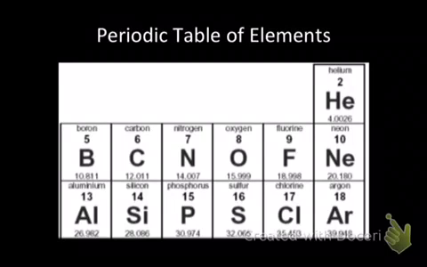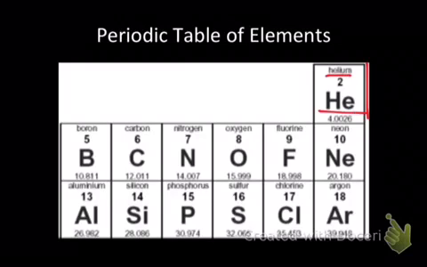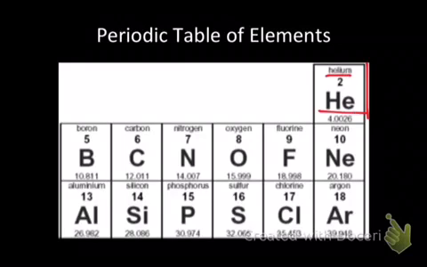So let's zoom in on our periodic table. To the top right corner, you'll see something like this. And I want to focus on this element right here called helium. Helium is the element that, if you breathe it in, makes your voice sound really high-pitched and funny. And how do I know that this entry here is helium? Well, it has the elemental name right there. And in addition to the elemental name, you have the elemental symbol for helium, which is He.